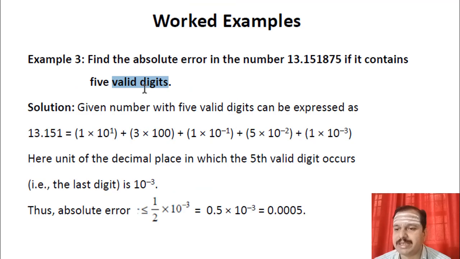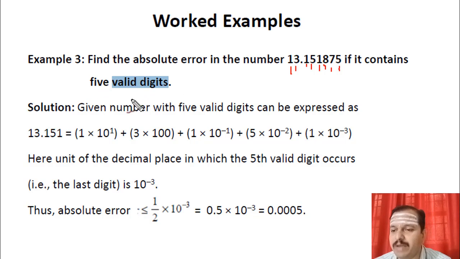This is the example I have shown over here. Here we have to find the absolute error in the number. This is the given number x. If it is approximated in such a way that it contains 5 valid significant digits, how many digits are there in this particular number in total? If we see, the first digit 1, 2, 3, 4, 5, 6, 7, 8, so there are 8 digits present in the given number.